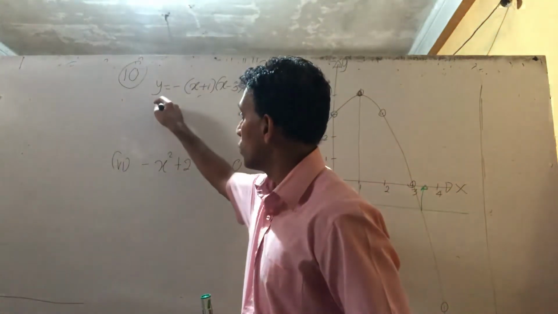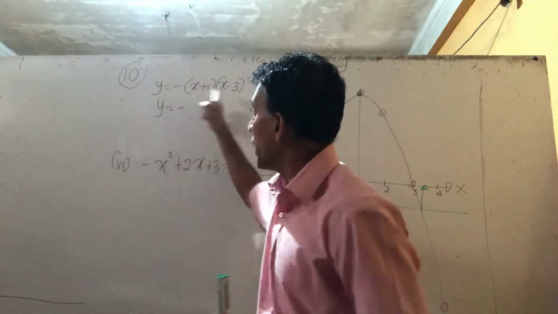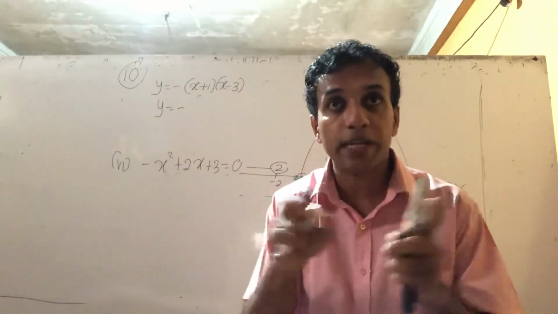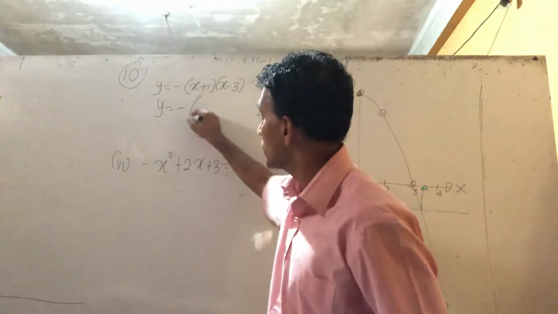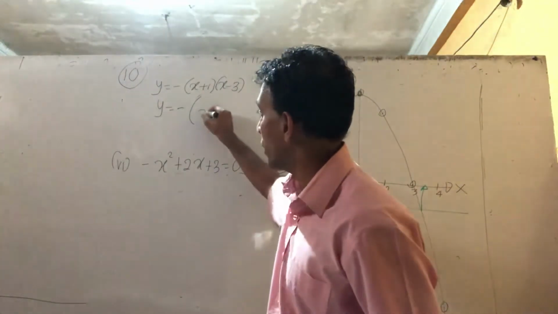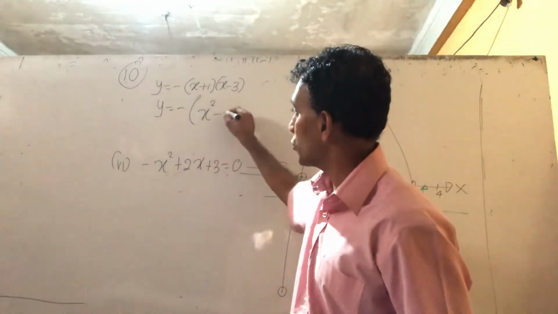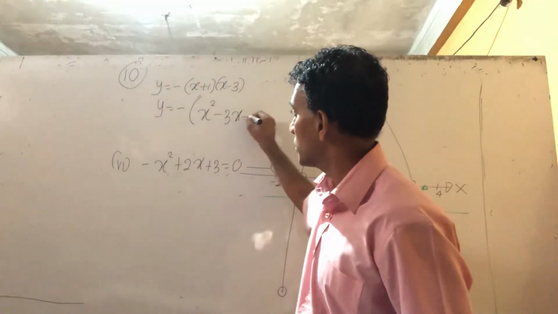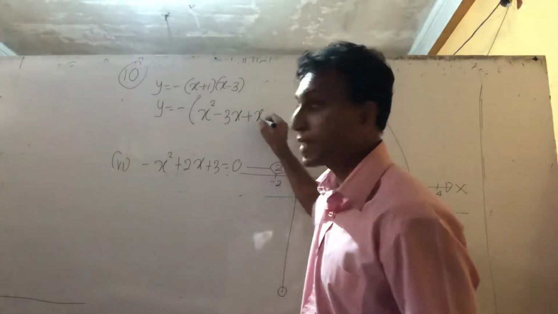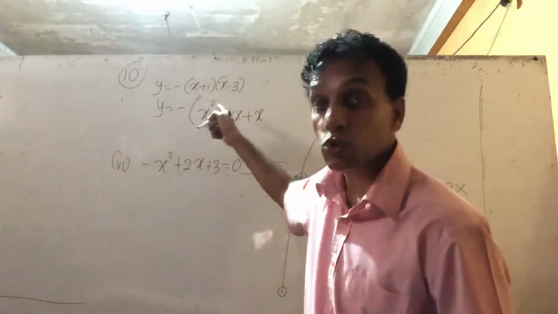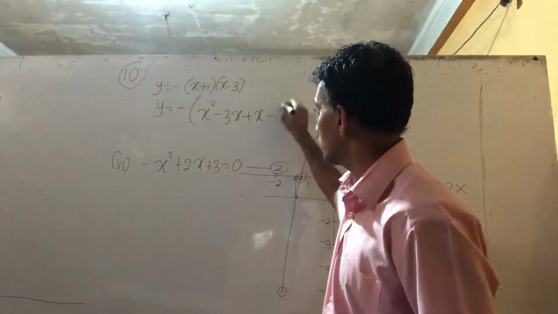Therefore, y equals, I multiply these two brackets: x into x square, x into minus 3x, 1 into x is 1x, and plus 1 into minus 3.